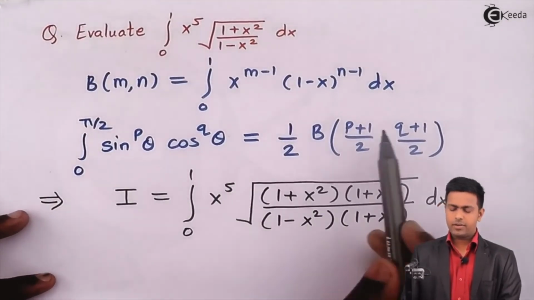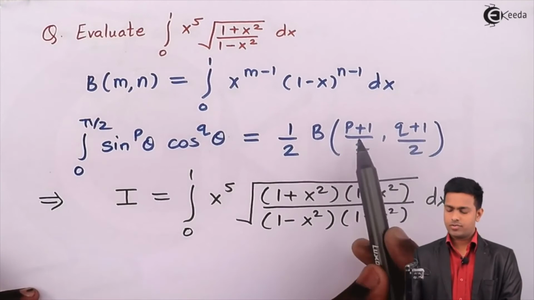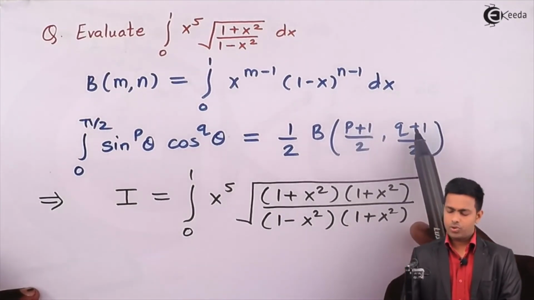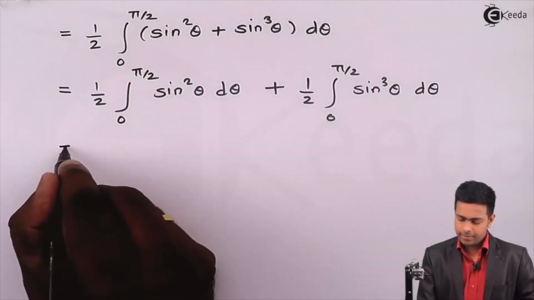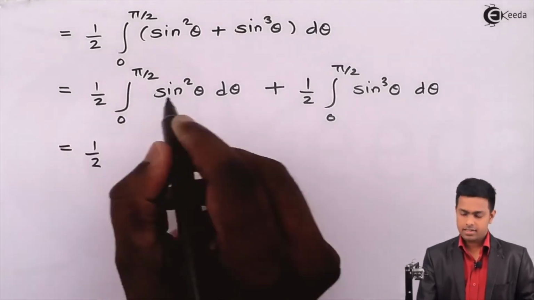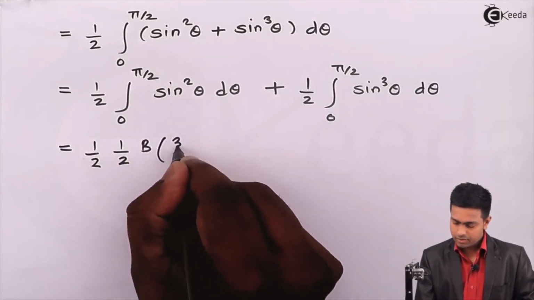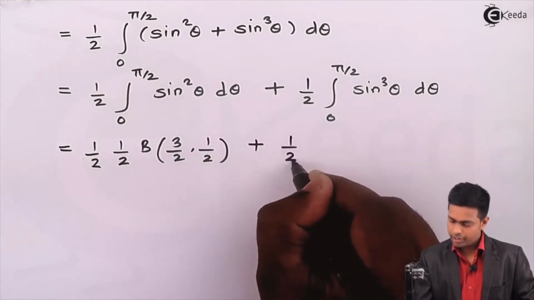It means q is 0 and the value of p in the first integration is 2. So now in this definition I will substitute p as 2 and q as 0. So this will be 2 plus 1, that is 3 upon 2, and q is 0, so 0 plus 1, that is 1 upon 2. So we will get 1 by 2 as it is, and 1 by 2 beta 3 upon 2 comma 1 upon 2, plus 1 by 2 as it is.